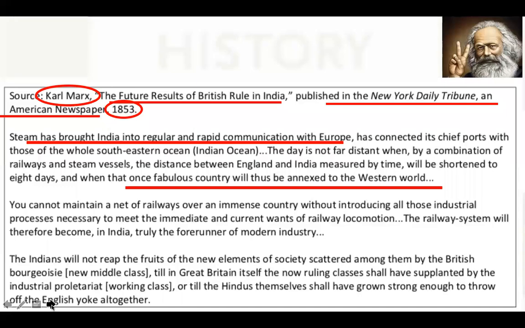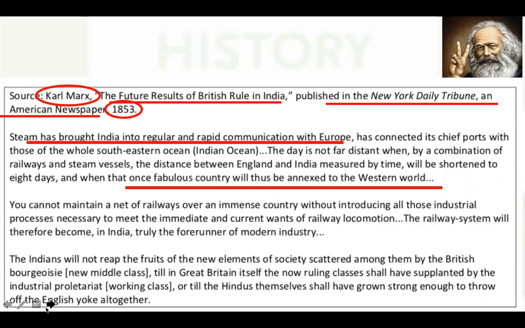The railway system will therefore become, in India, truly the forerunner of modern industry. The Indians will not reap the fruits of the new elements of society scattered among them by the British bourgeoisie, till in Great Britain itself the now ruling classes shall have been supplanted by the industrial proletariat, or till the Hindus themselves shall have grown strong enough to throw off the English yoke altogether.